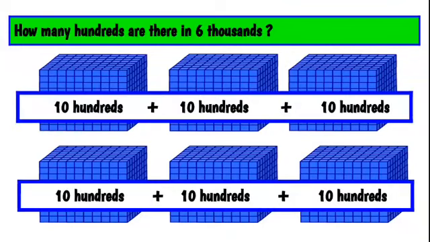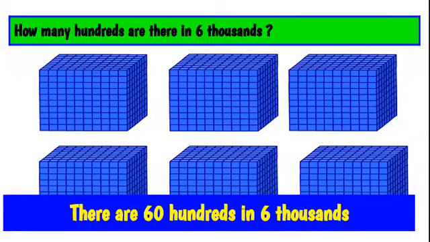We have 10 hundreds in the first 1,000, 10 hundreds in the second 1,000, 10 hundreds in the third 1,000, 10 hundreds in the fourth 1,000, another 10 hundreds for the fifth 1,000, and 10 hundreds in the sixth 1,000. So 10 hundreds added 6 times. There are 60 hundreds in 6,000s.